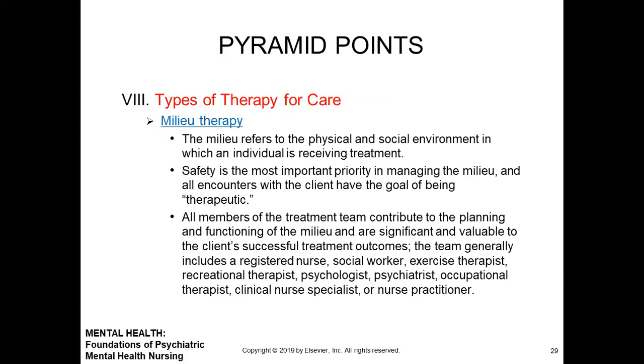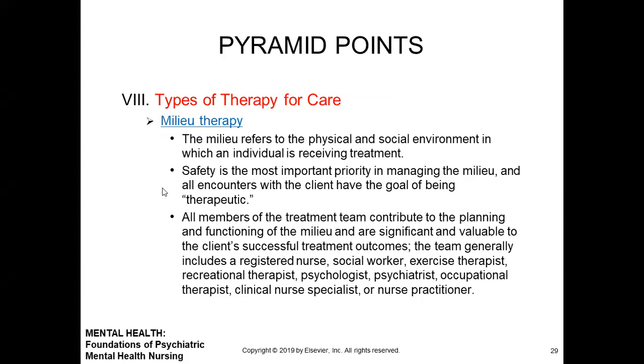Basically, one of the therapies a patient usually needs is called milieu therapy. Milieu refers to the physical or social environment in which an individual is receiving the treatment, right?